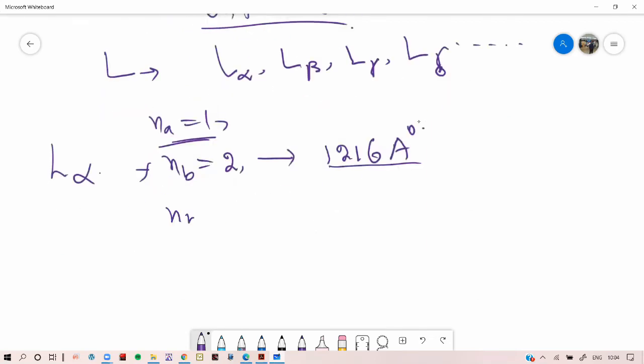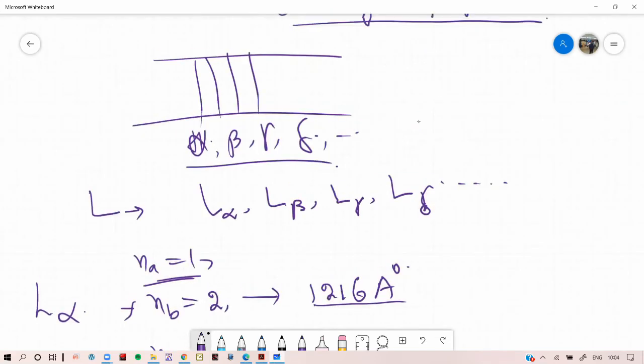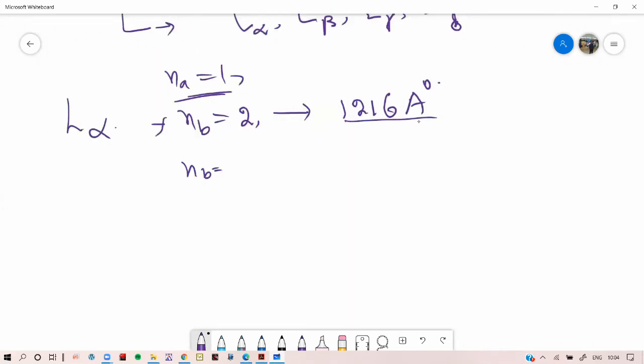Similarly, when Nb is equal to 3, you can calculate other values by putting in the Rydberg constant given above. You will find values for Nb equal to 3 and 4. When you reach Nb equal to infinity, that is the series limit, the last line in the Lyman series.